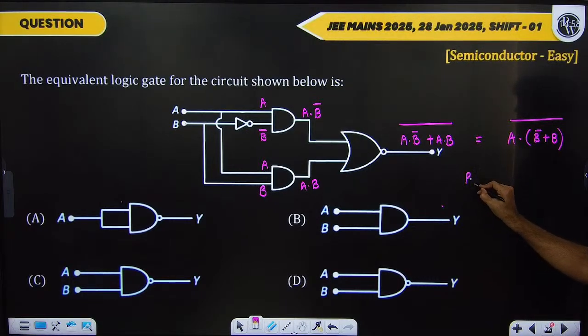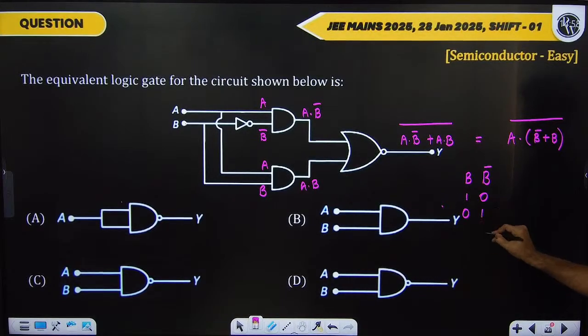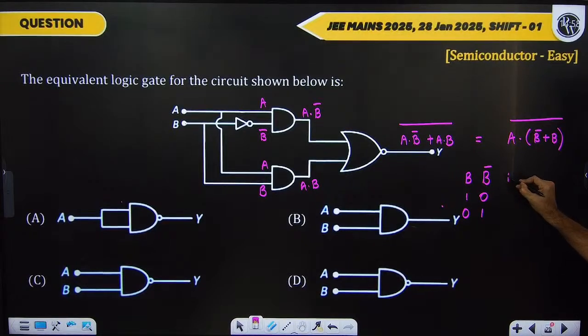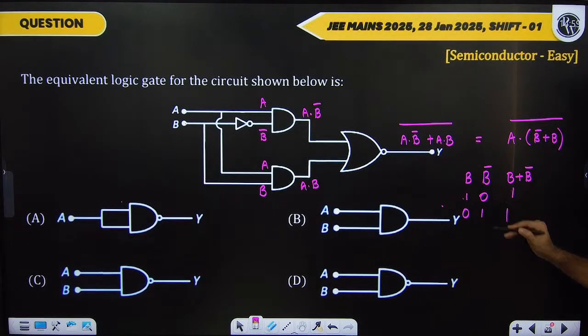B and B bar, 1 0, 0 1. What is B plus B bar? 1 or 0 is 1, 0 or 1 is 1. B plus B bar is giving us 1.